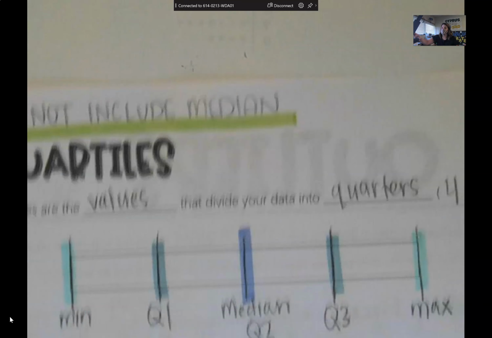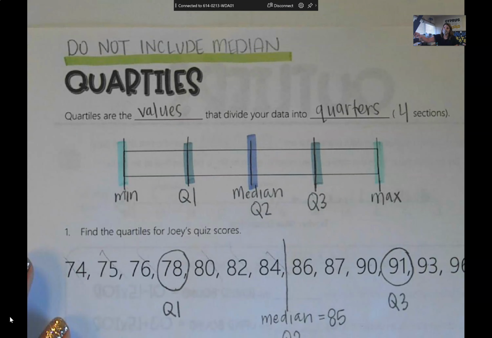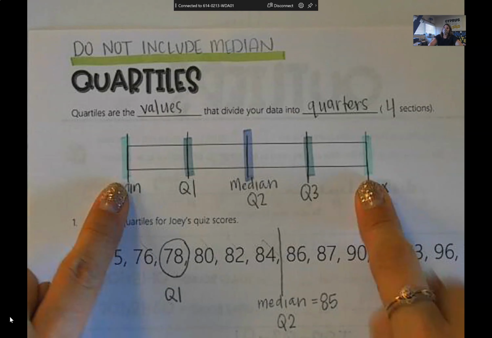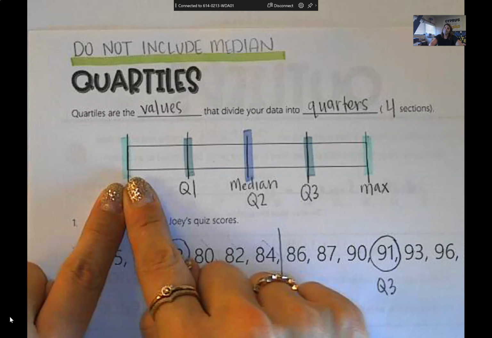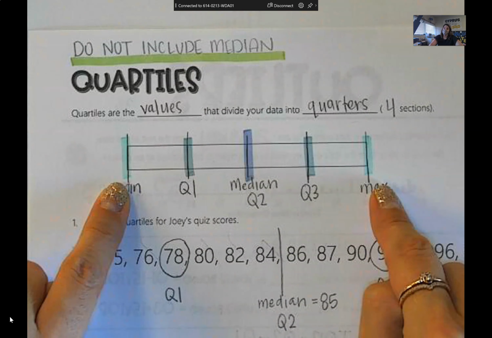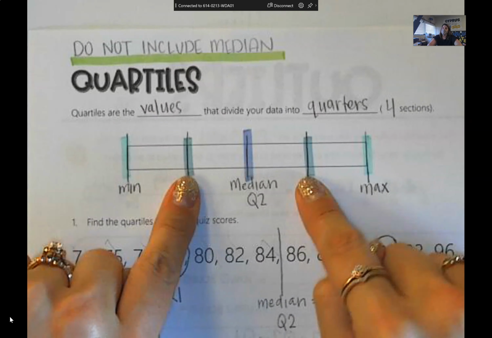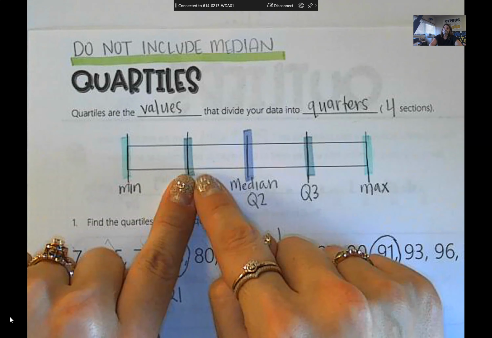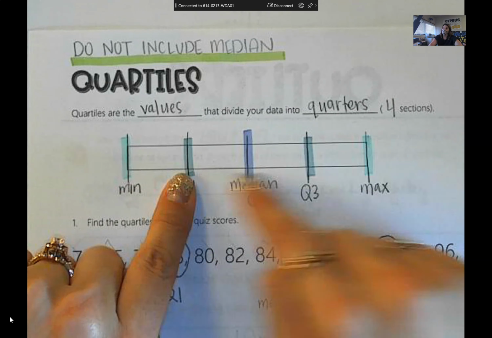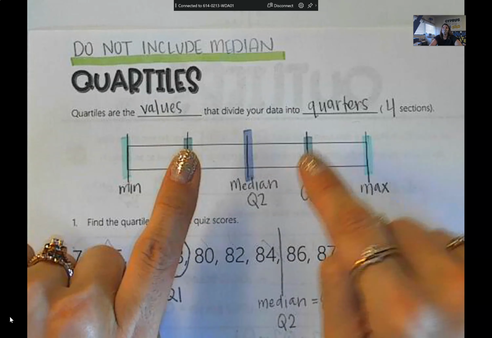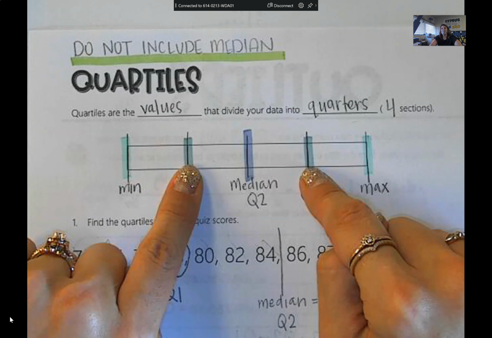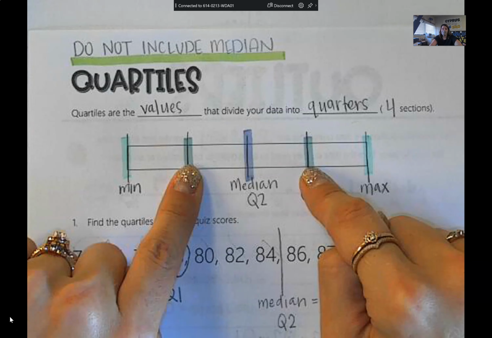So just to make sure visually we understand, range would be how far from the lowest value to the highest value. Interquartile range is how far from quartile 1 to quartile 3, or the middle 50% of your data. Does that make a little bit of sense?